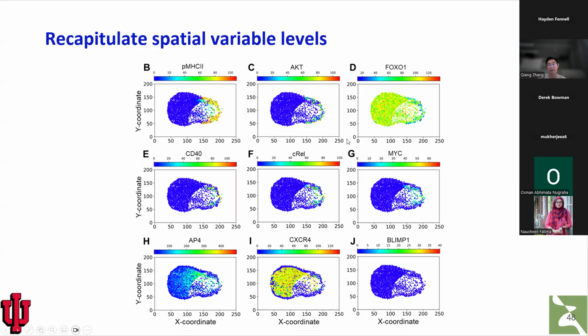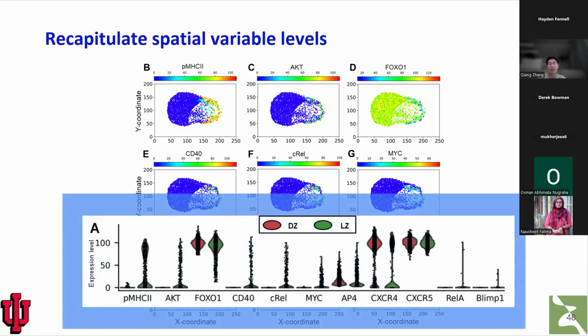So this gives you that idea, whether doing spatial transcriptomics or immunohistochemistry staining studies. And then here you can also analyze data to show these violin plots, giving the idea of how the dark zone and light zone expression levels differ for these genes, if you do single cell RNA sequencing.